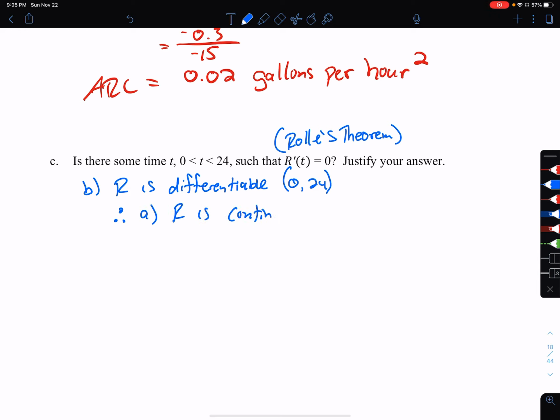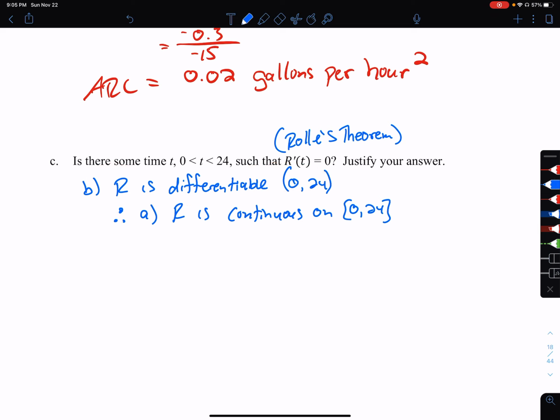Now I did B then A. So it's continuous on the closed interval. I did B then A because we knew B and that told us that A had to be true.